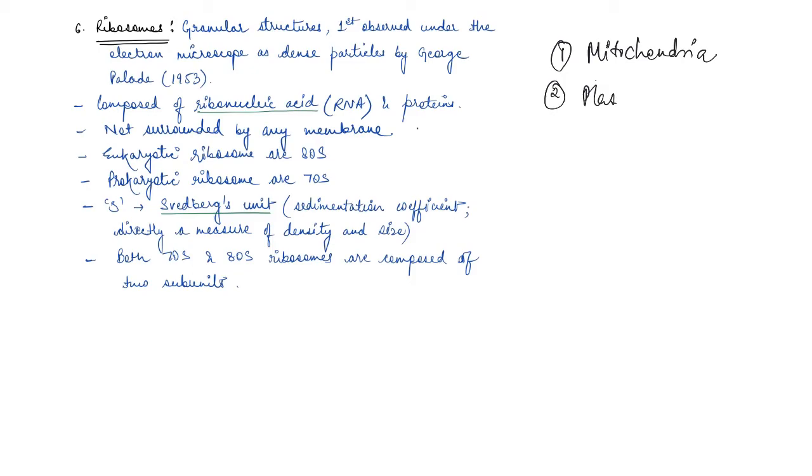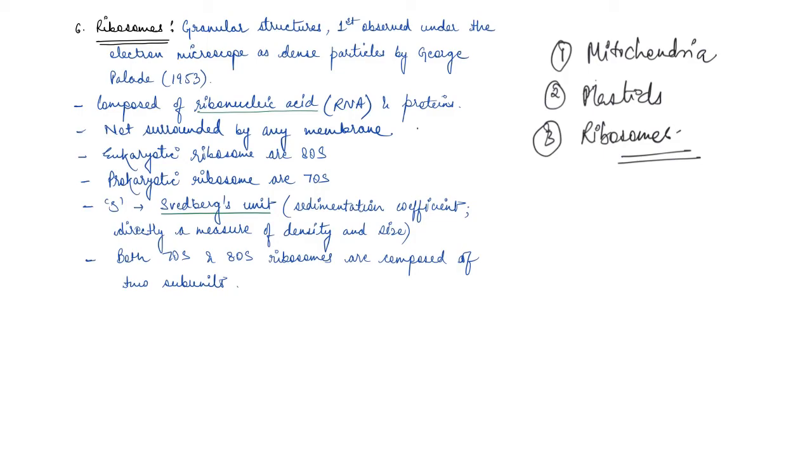And we saw plastids, present in plants basically, which help in photosynthesis. They have pigments for photosynthesis in plants, again very important for preparation of food. And third is ribosomes, which are the site of protein synthesis, right? So ribosomes again very, very important. So guys, with this we have finished three more organelles.